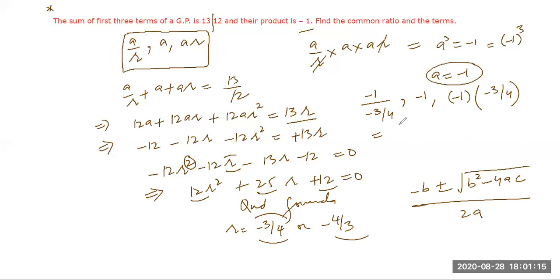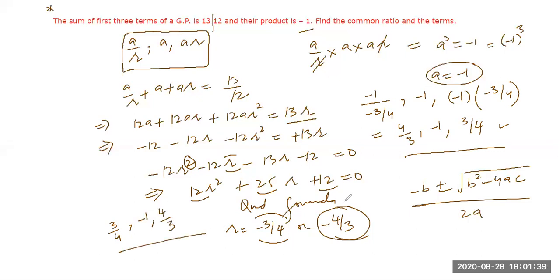So this will be equal to 4 by 3, minus 1, and 3 by 4. So these are the terms. Am I right, students? 4 by 3, minus 1, 3 by 4. And if you put the other root, you get another three terms: 3 by 4, minus 1, 4 by 3. All right. So this sum is also done.